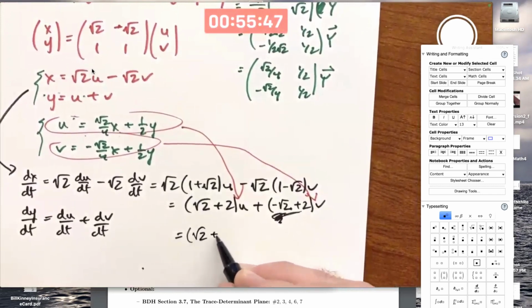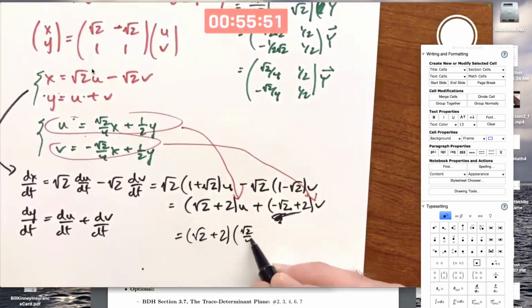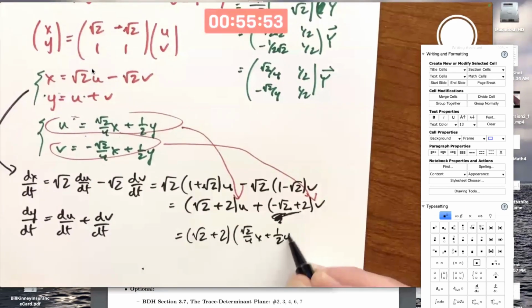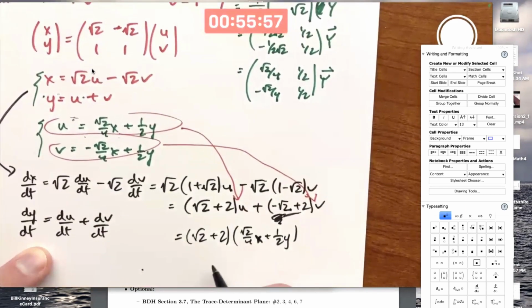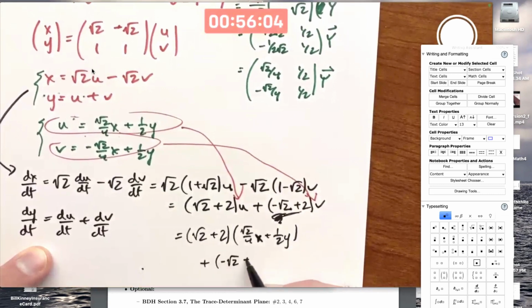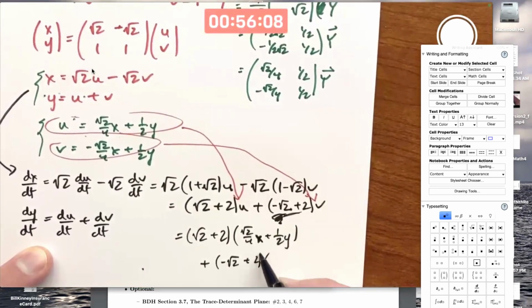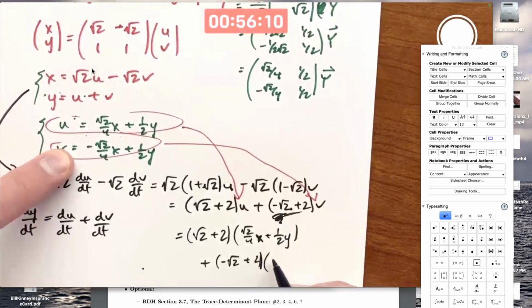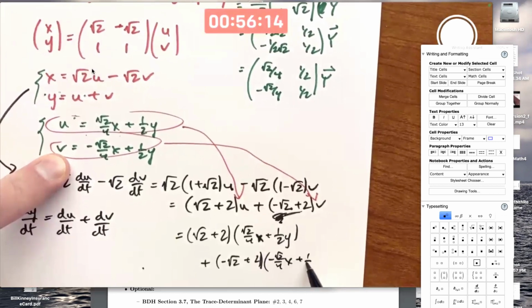Root 2 plus 2 times root 2 over 4x plus 1/2 y. I think I won't bother doing the same calculation for dy dt. And then plus negative root 2 plus 2 v, which is, looking here, negative root 2 over 4x plus 1/2 y.